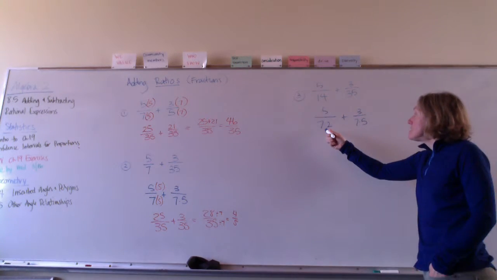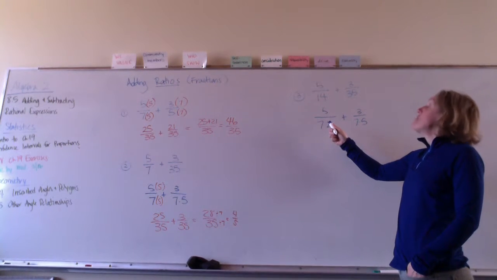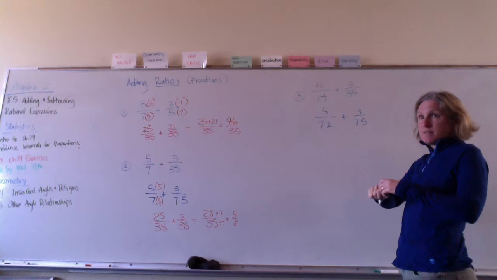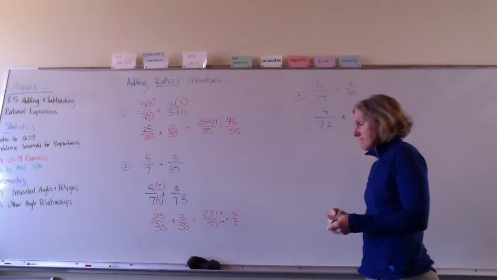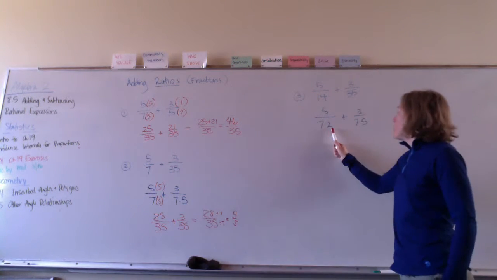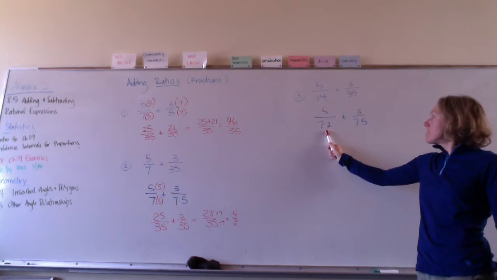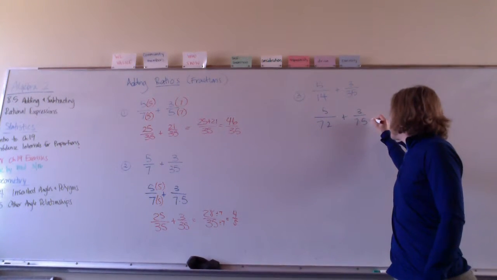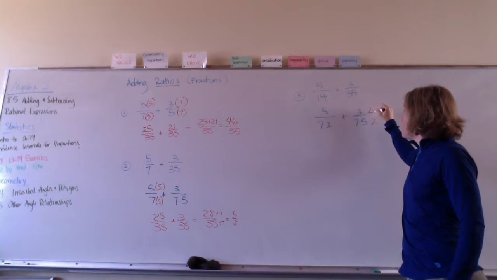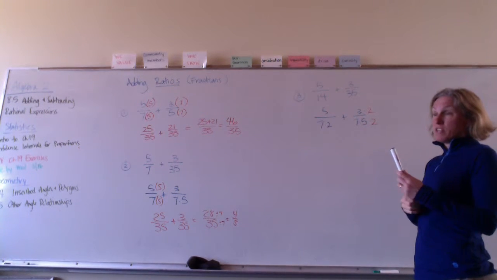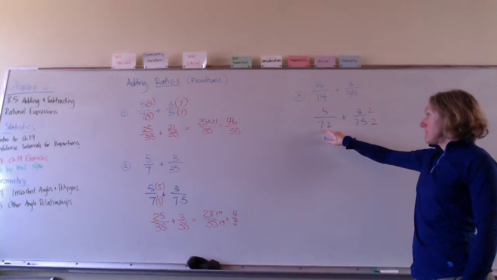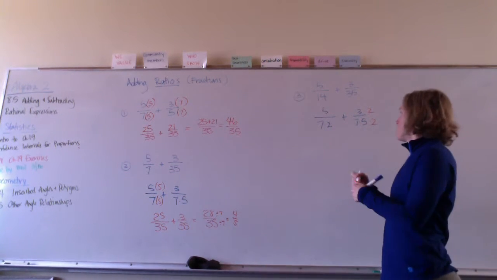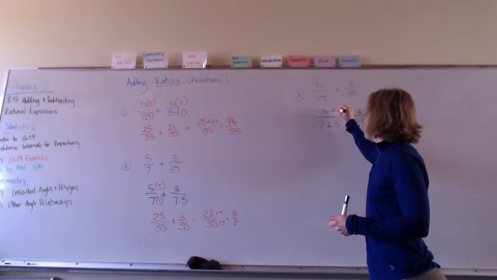Because now I can see, what factor does this denominator have that this one does not have? A 2. So if I multiply that guy by a 2, that means I have to also multiply the numerator by 2. Then what about this one now? What does this not have that this one does have? So I can multiply by a 5 and a 5.